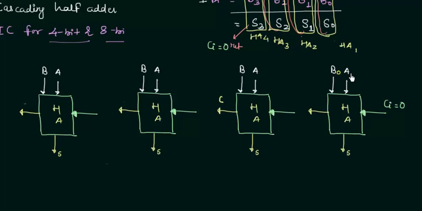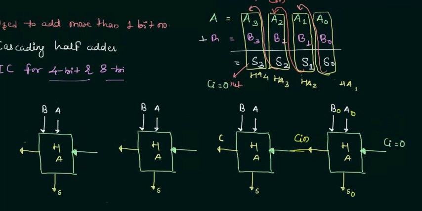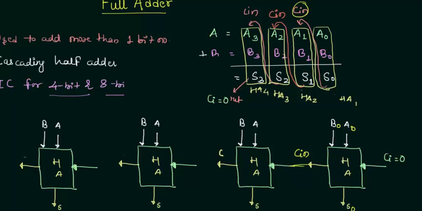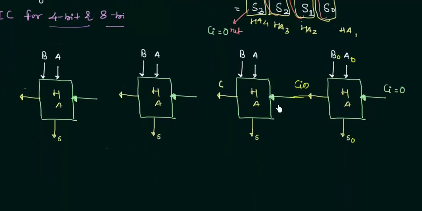This will be our B0, A0, the input carry is 0 definitely, and here we have S0. The carry generated will be C in. This carry C in is given as the carry input to this half adder, and the bits here are B1, A1, and the sum is S1.